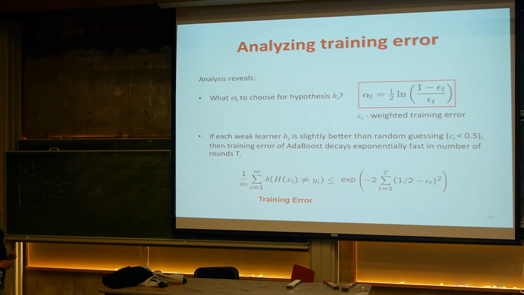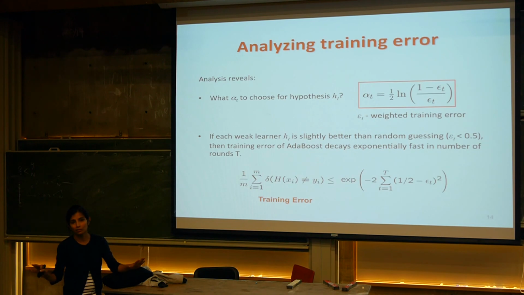And this thing says something interesting. Just looking at this expression, it says that as long as epsilon t is not half. If it's half, of course, each weak learner is completely random, right? It's not doing anything meaningful for you. So in that case, of course, you can't do anything.